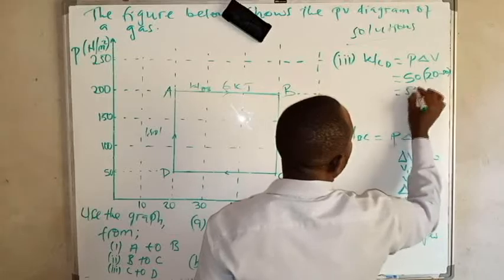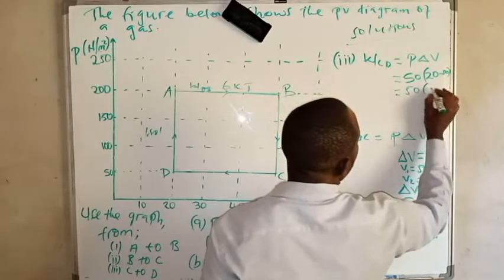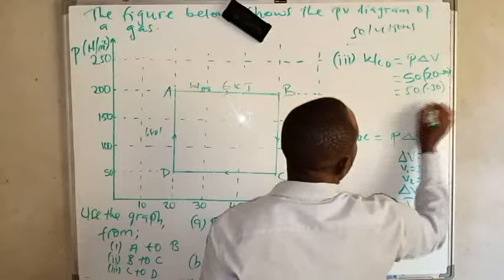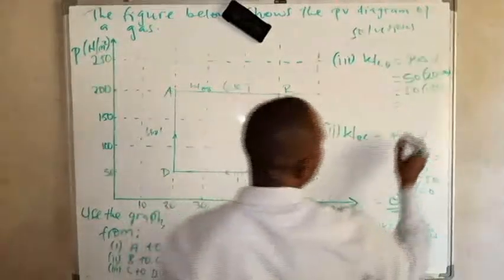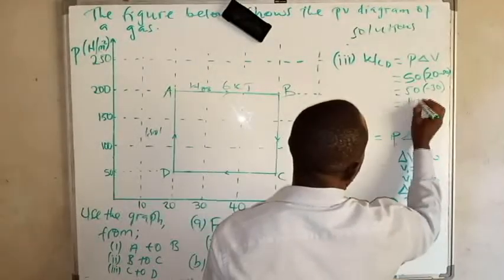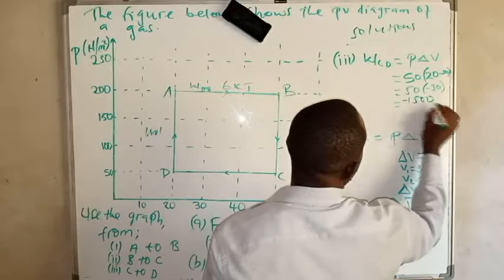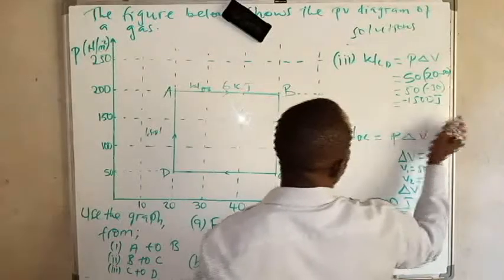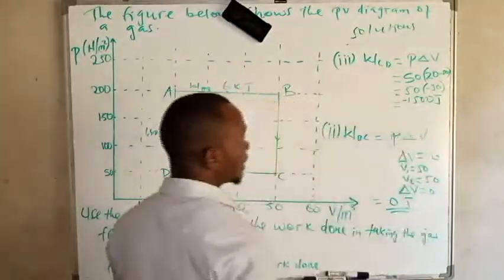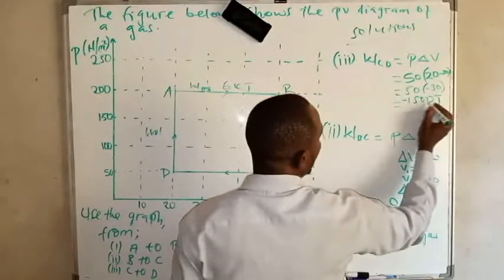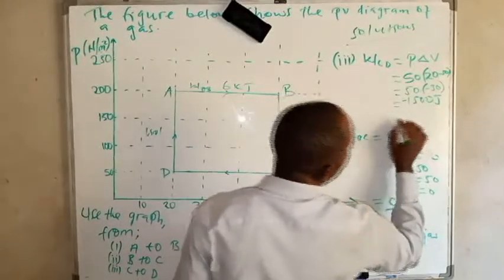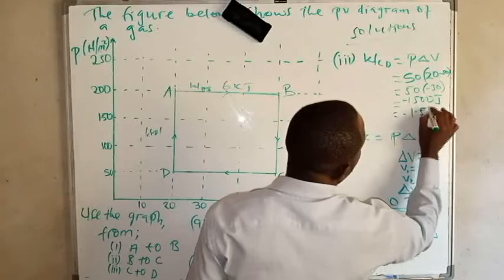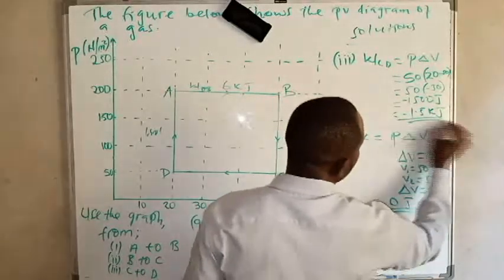So we have 50 times negative 30, which is negative 1,500 joules. We can also express it as negative 1.5 kilojoules.